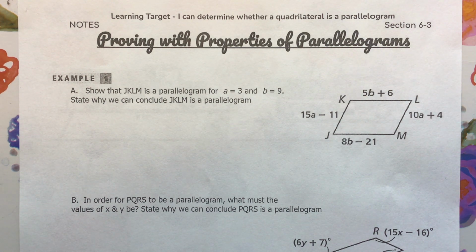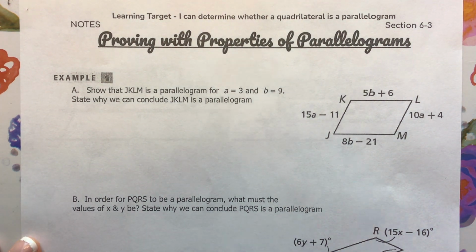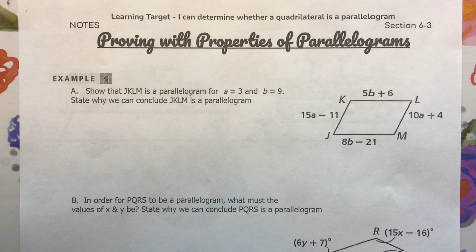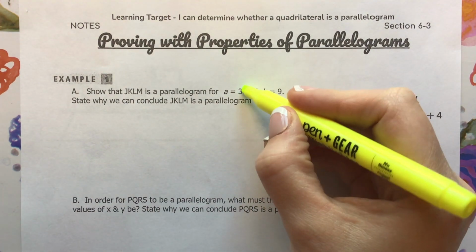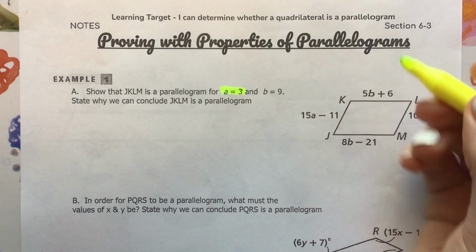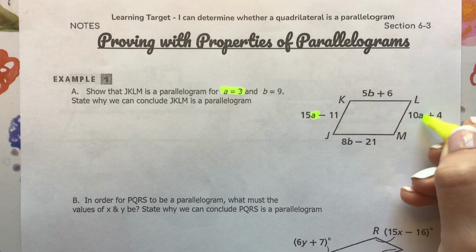In example 1, it says, show that JKLM is a parallelogram for A equals 3 and B equals 9. State why we can conclude that JKLM is a parallelogram. So this is just going to be a basic concept of substitution. Wherever I see an A, I'm going to put in a 3.